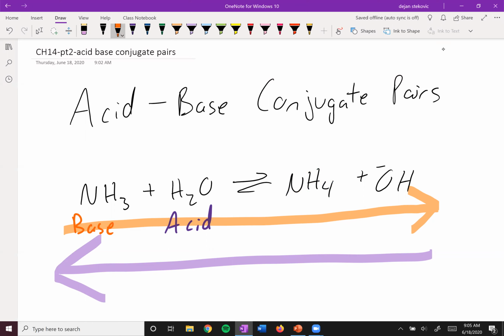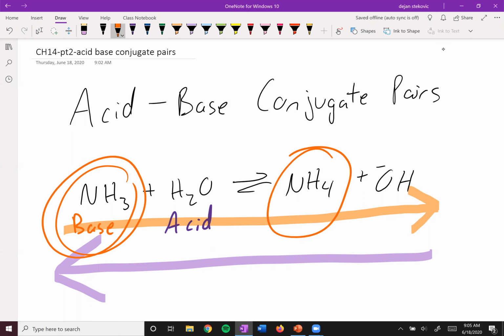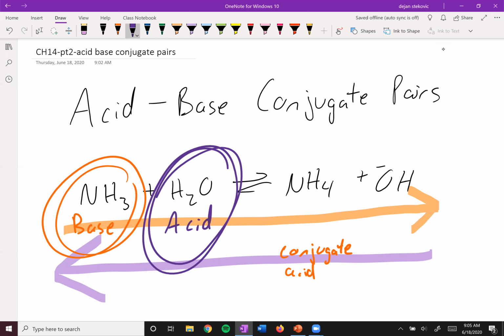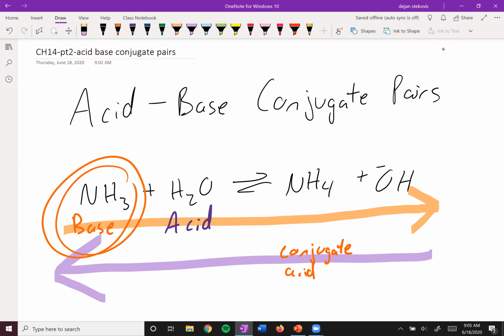And so what we call these are conjugate acid-base pairs. So this ammonia here is a base, and then on this other side, this ammonium is its conjugate acid. And then over here, this water is the acid when we're going from left to right, but when we're going from right to left, the hydroxide is acting as a base, so we call that its conjugate base.